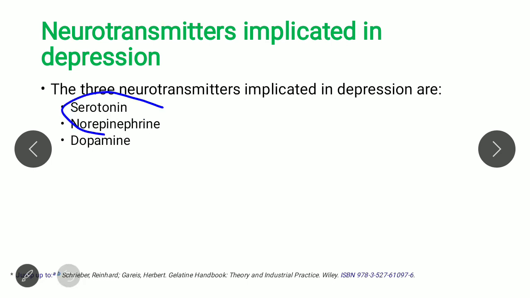These two are definitely related to depression. The third one is dopamine. Dopamine has an important role in regulating mood. It creates positive feelings associated with reward or motivation for continuation of any task, not only in depression but in other brain conditions like schizophrenia and Parkinson's.